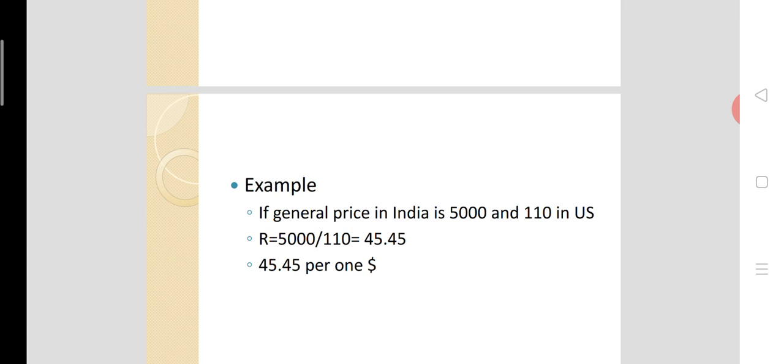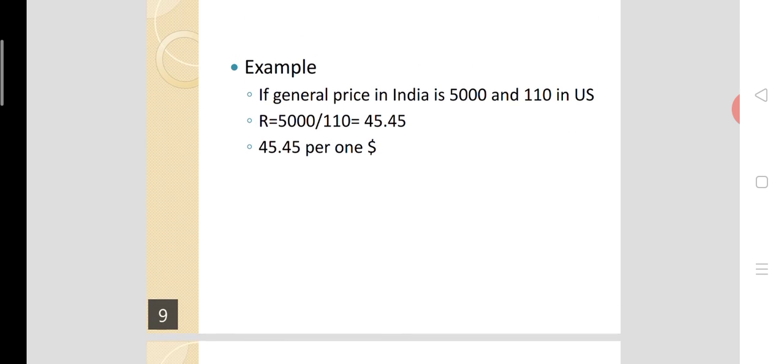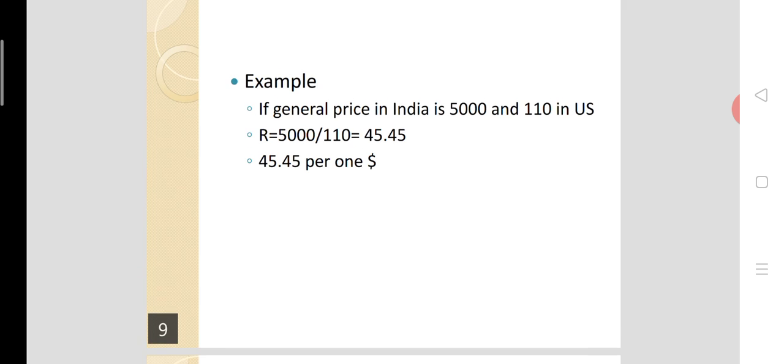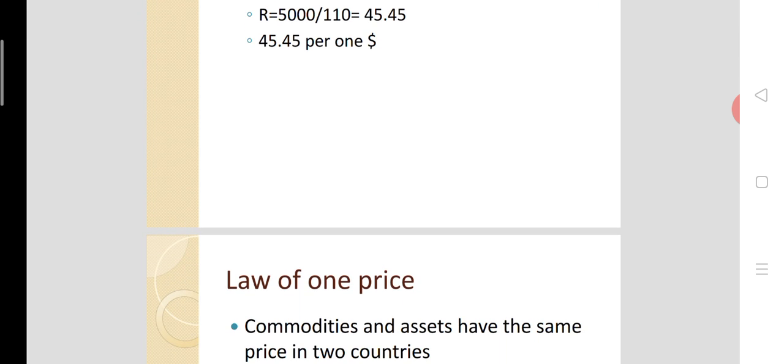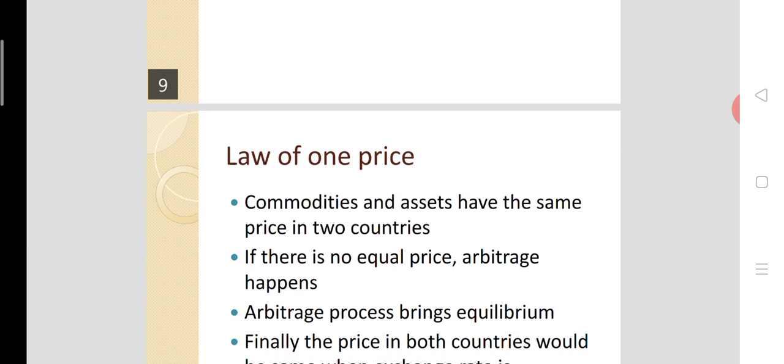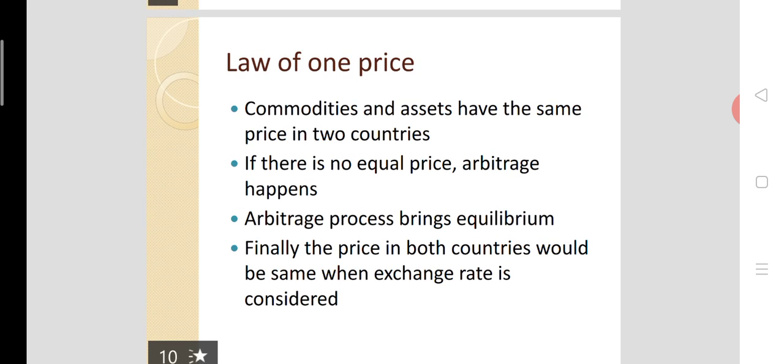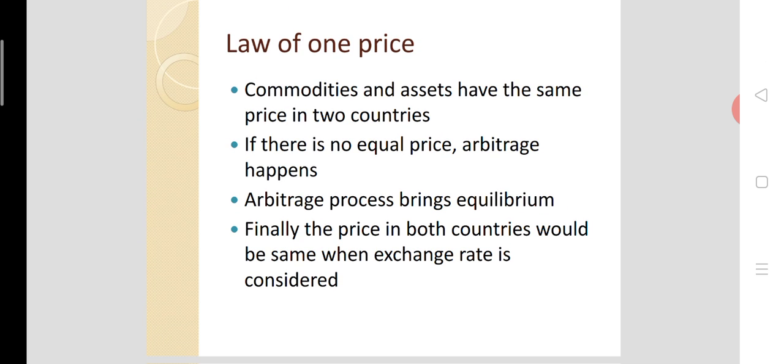So $1 is equal to 45.45 Indian rupees. So this is the exchange rate, and this is the way in which the exchange rate is calculated. And the law of one price is in practice in the mechanism of exchange rate determination as per the purchasing power parity theory.